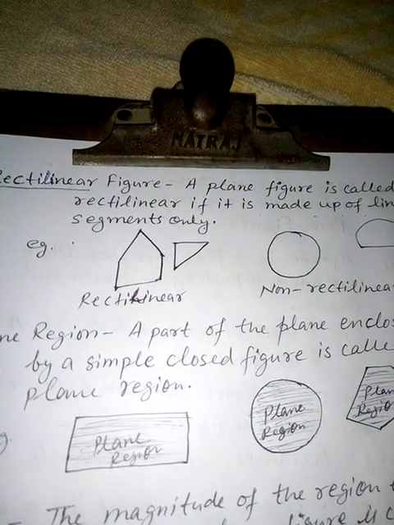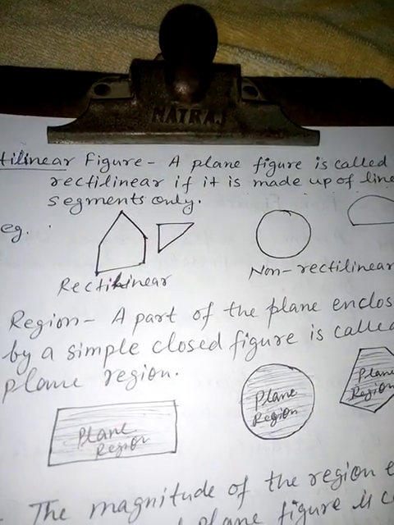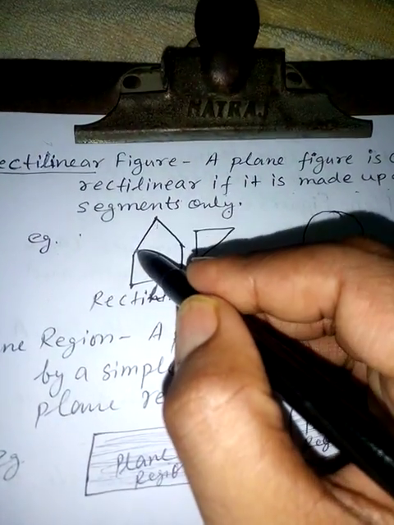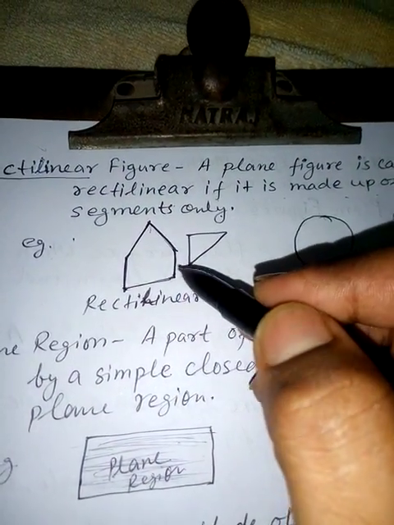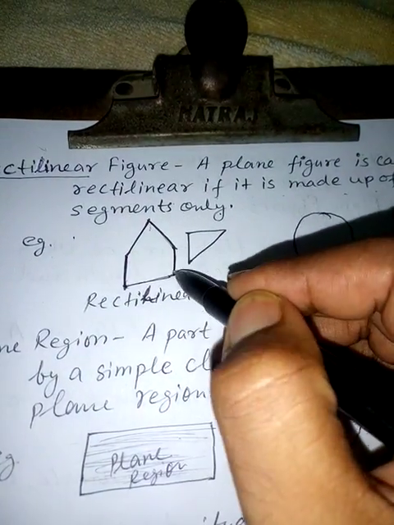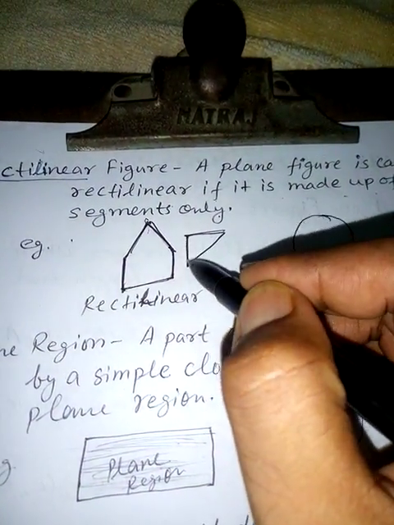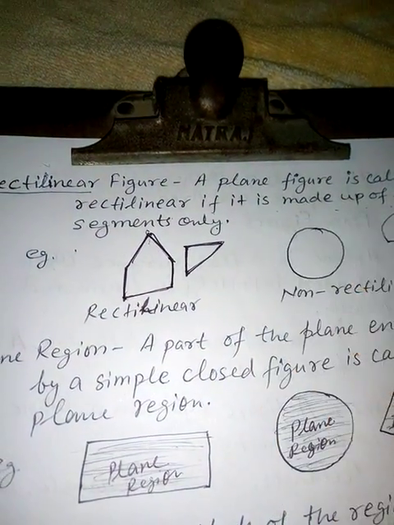Rectilinear figures are formed by only line segments. You can see here, this is a pentagon, and this pentagon is made up of only line segments. This is also a triangle, and this triangle is made up of line segments.